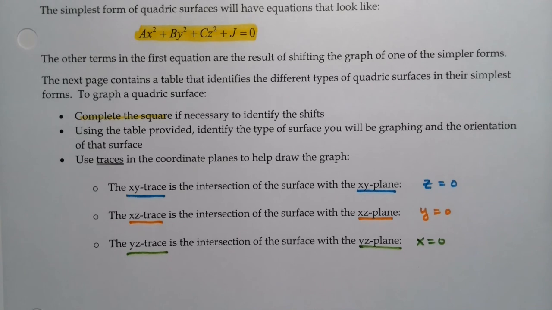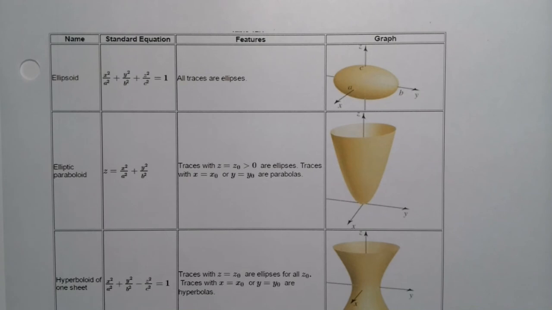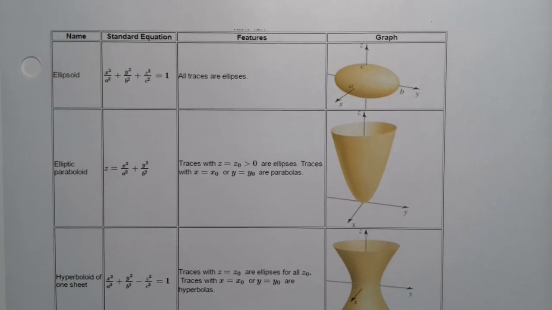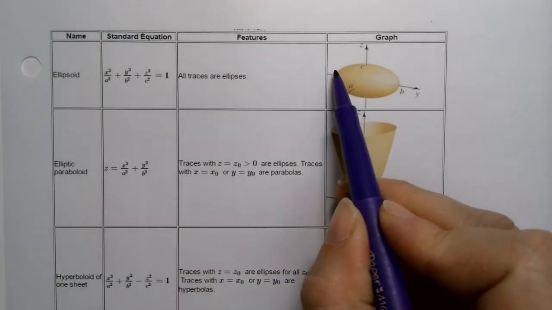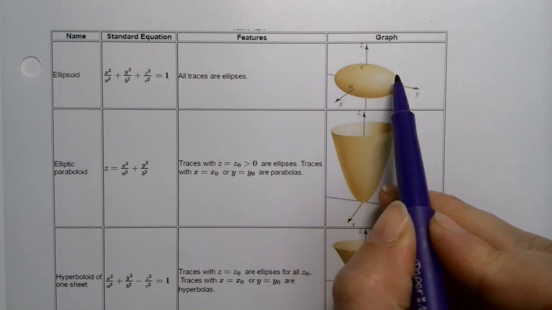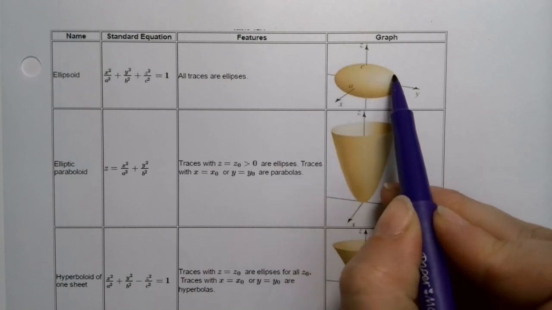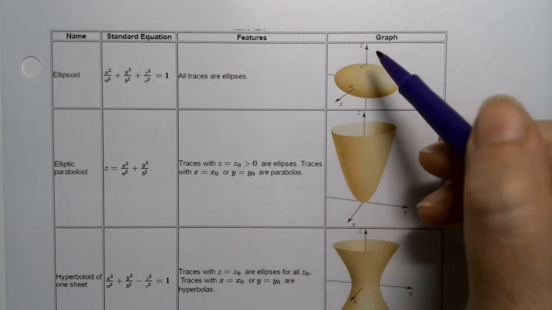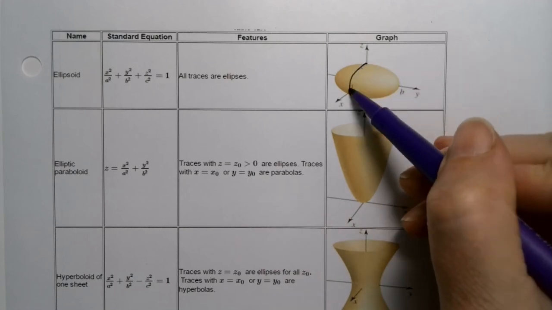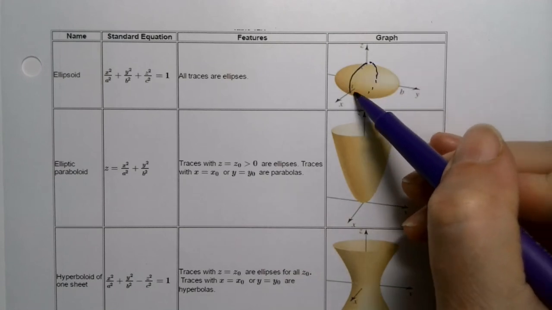All right, now let's look at the table. And again, this is given to you on your exam notes packets. You don't really have to memorize them. And moreover, you can draw them in Maple, so it's not exactly hard to find. So you have traces. If I intersect this particular ellipsoid, that's what this is called, it's like an egg shape, right? If you intersect with this plane, you're going to get an ellipse.